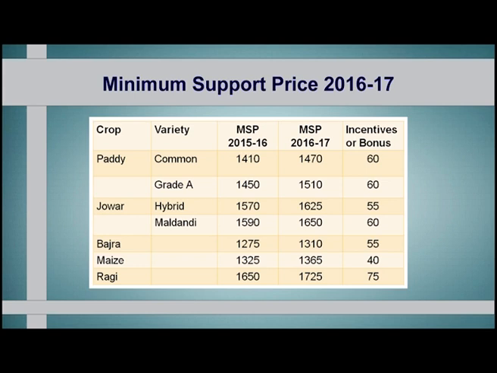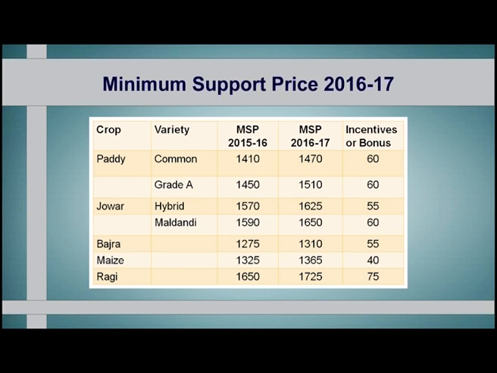Now, minimum support prices which are announced by the government on the recommendations of the CACP: paddy price that was 1410 last year has been increased to 1470, and a bonus of 60 rupees is given on that.